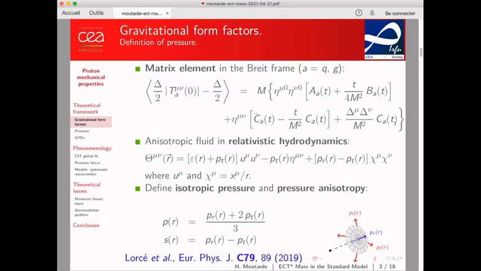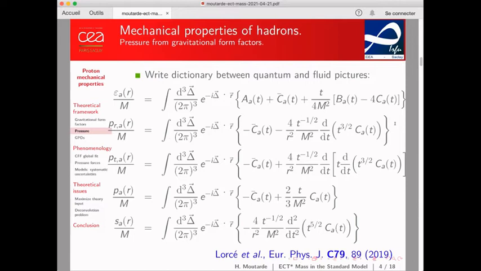Now, since, as I said, we have a one-to-one correspondence between these two expressions, it means that we can write a dictionary between the quantum picture and the relativistic fluid picture, and we can have expressions for different parton types of all the quantities mentioned before. So energy density, radial pressure, tangential pressure, isotropic pressure, or pressure anisotropy. And all this depends on the gravitational form factors through basically a Fourier transform.